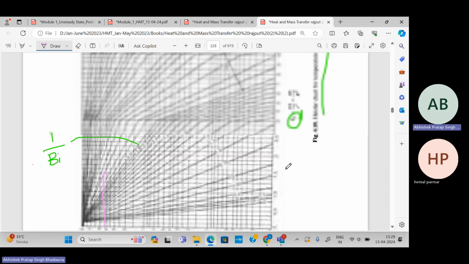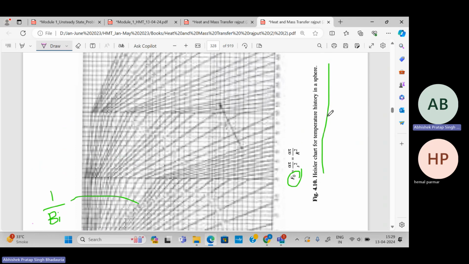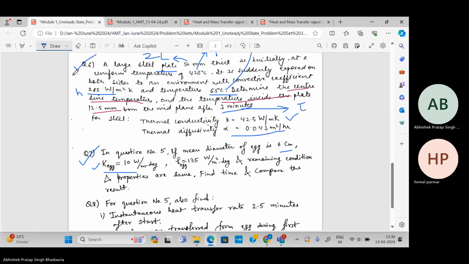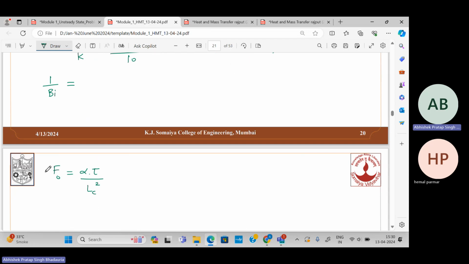So it is a problem on an egg, so that is a sphere. We'll use the Heisler chart for the sphere. We have calculated Fourier's number using its formula.